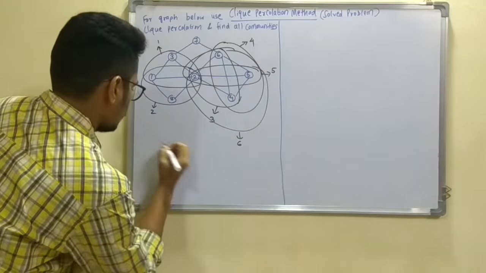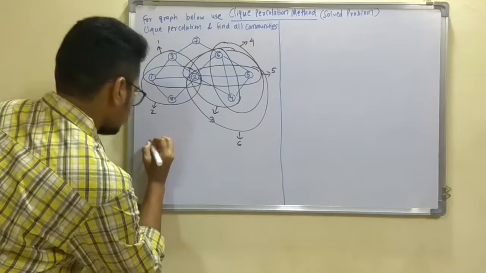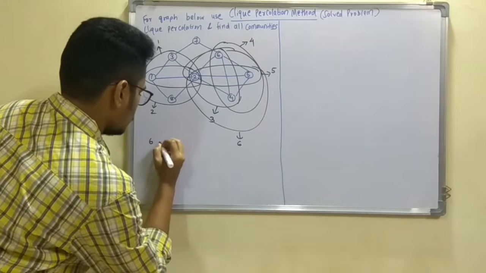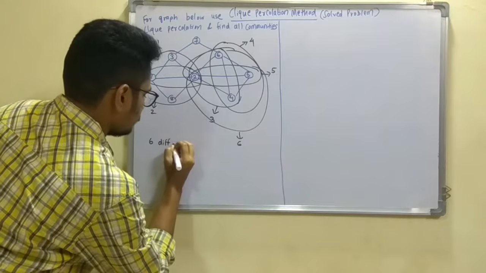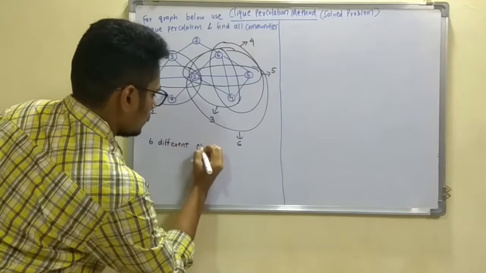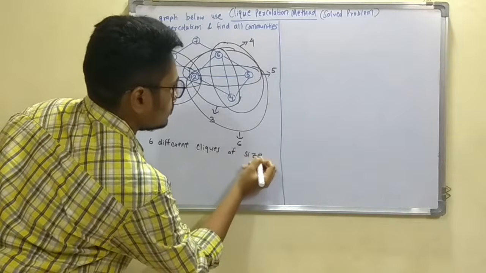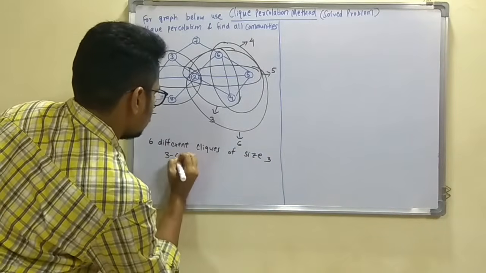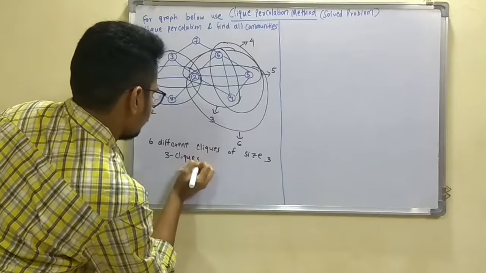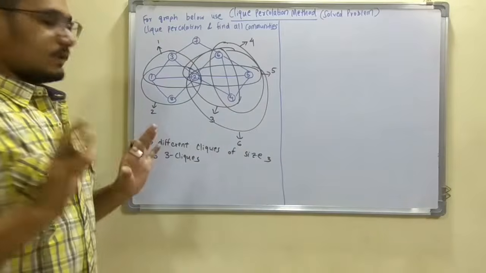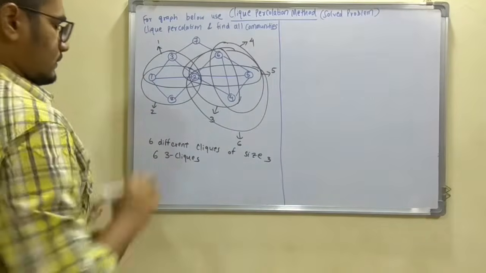So in total we can say that we have identified 6 different cliques of size 3.